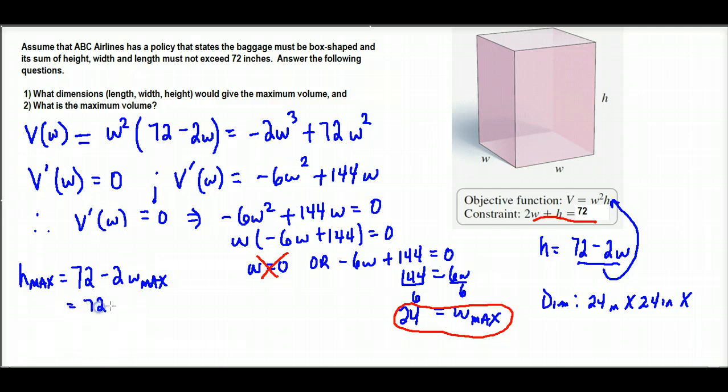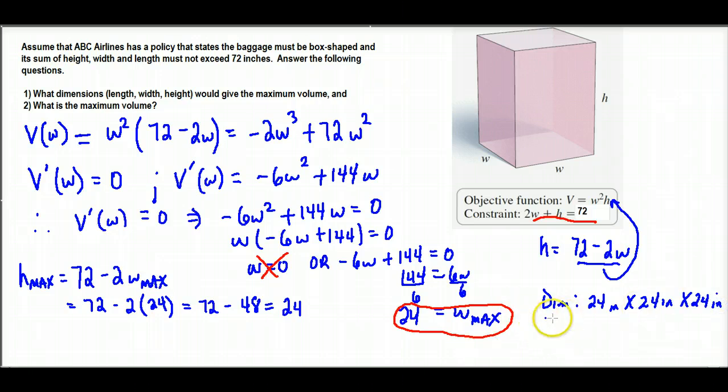And so that's just 72 minus 2 times 24, which is 72 minus 48, which is just 24. So we see here we have another 24 inches there.